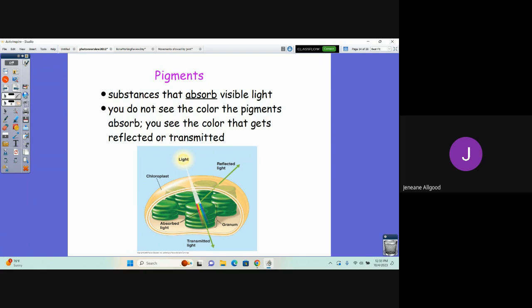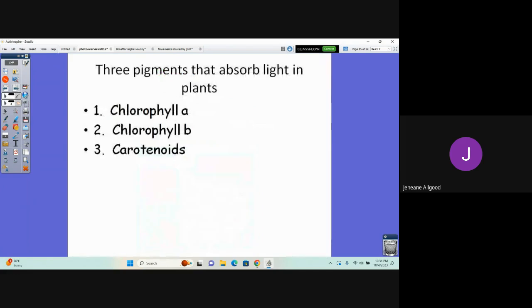Okay, and you'll hopefully just keep that in the back of your mind as we look at specific pigments and their absorption spectra on the next few slides. So there are 3 pigments that we're going to talk about in notes today. There are other pigments that we'll get to as we start to talk about fall leaves and why they turn the colors that they do, and how weather impacts the changing colors of the leaves.